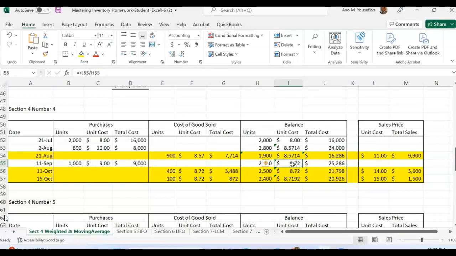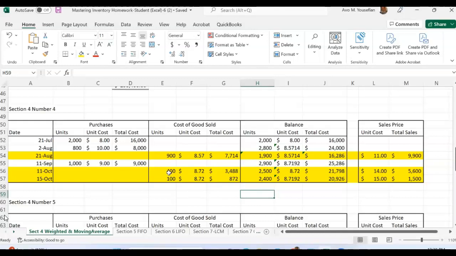The average cost would be 25,286 divided by units available, and that's average cost of 8.72. All you need to do is just make sure that is a 4-digit average cost. Okay, and save it again. Okay, so now we know what the average cost is.